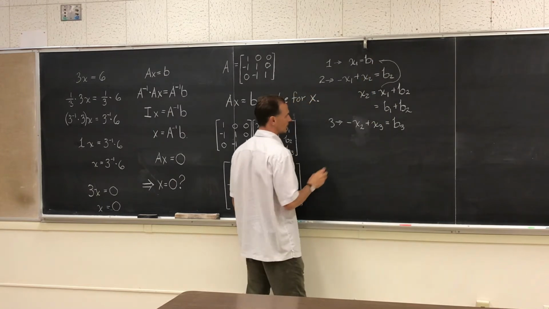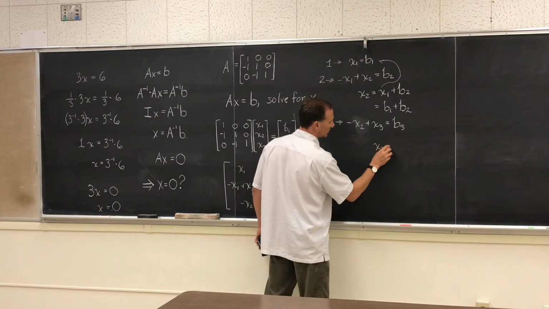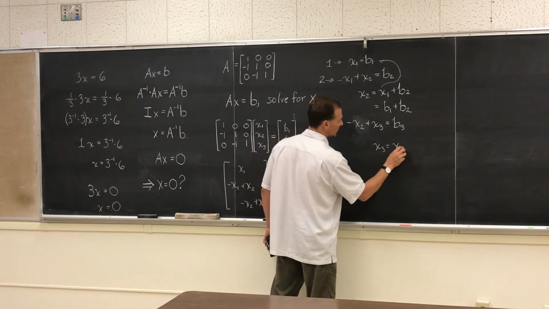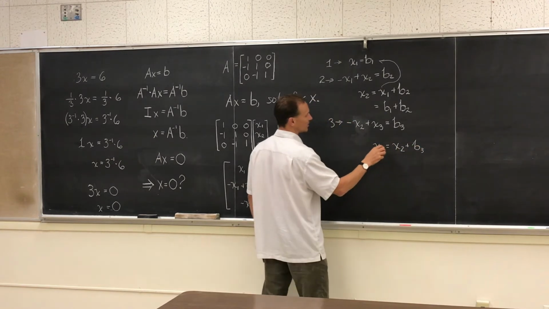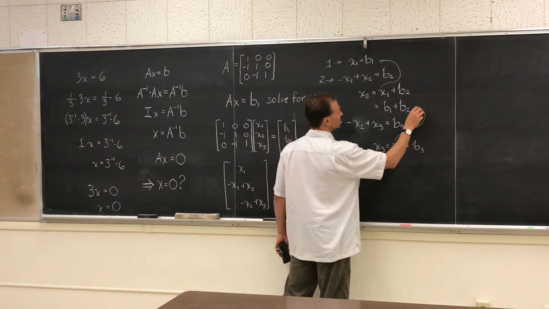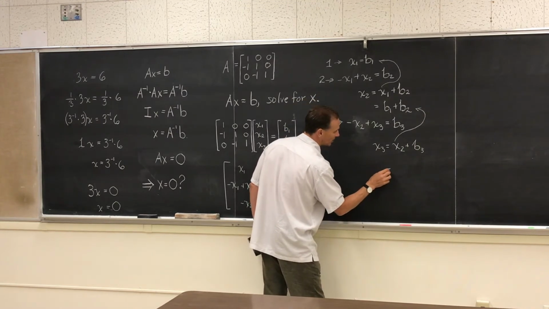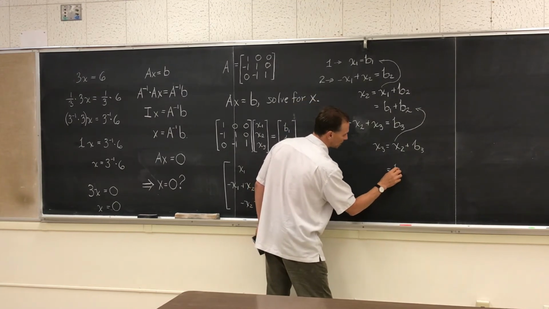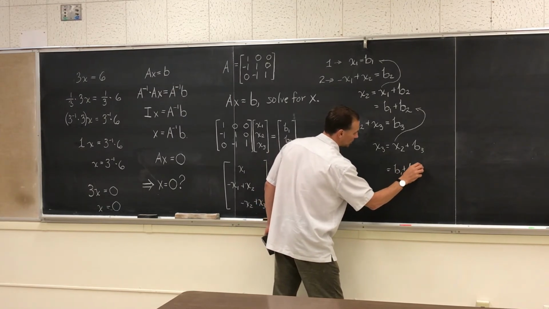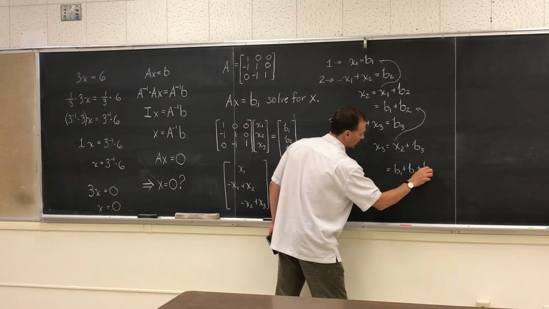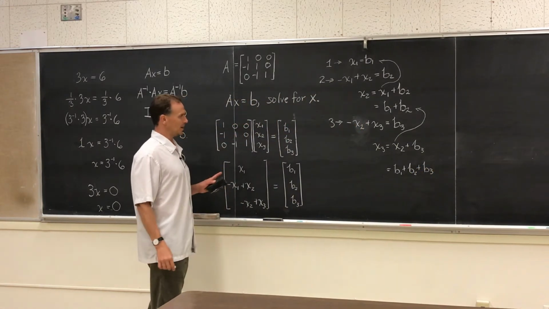Well, let's solve for x3. This says then that x3 is equal to x2 plus b3. But look at this. x2, well, we just figured out that that is b1 plus b2. So in other words, x3 is b1 plus b2 plus b3. Okay. Wait a minute, we're done.